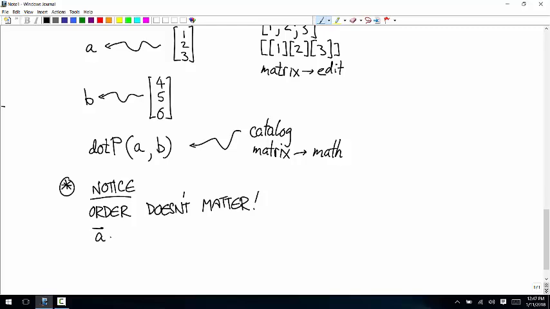So A dot B is equal to B dot A. You enter these into your calculator, and you do dot product of A comma B, and then you do dot product of B comma A, you'll get the same thing. And by the way, if you want to use this as a check to see if it gives you the right answer, the answer for that should be 32.